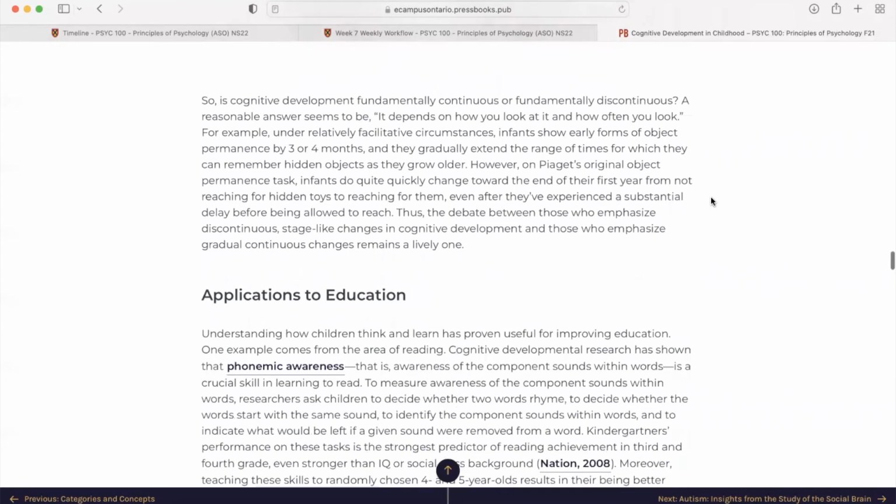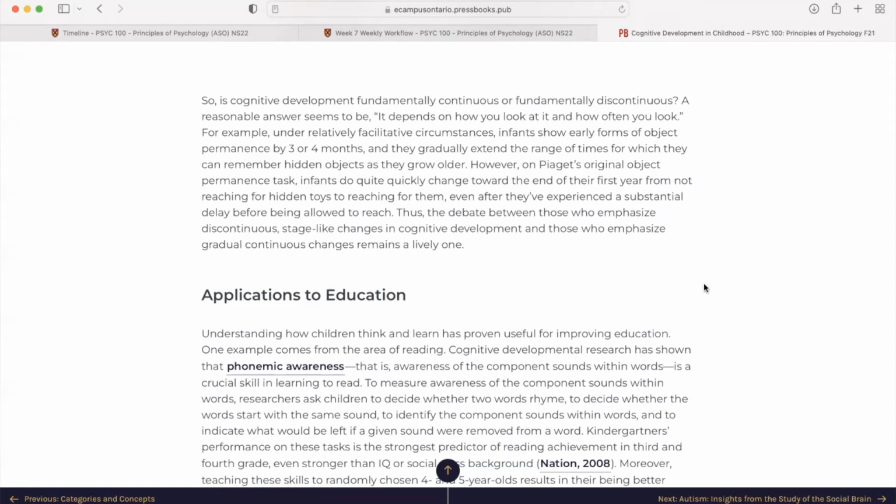However, on Piaget's original object permanence task, infants do quite quickly change toward the end of the first year from not reaching for hidden toys to reaching for them, even after they've experienced a substantial delay before being allowed to reach. Thus, the debate between those who emphasize discontinuous, stage-like changes in cognitive development and those who emphasize gradual, continuous changes remains a lively one.